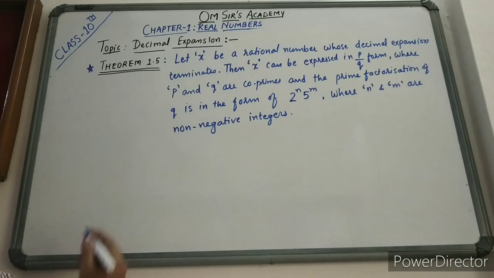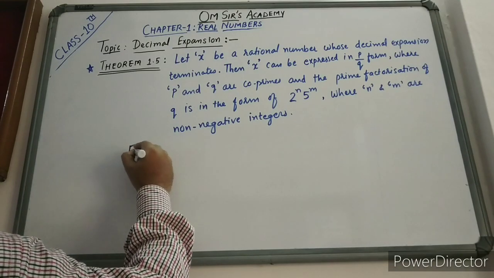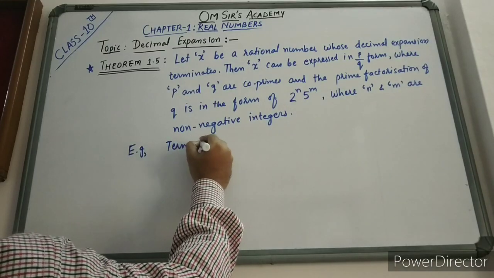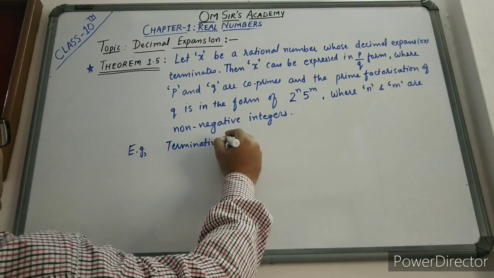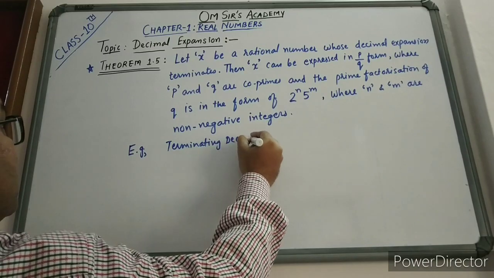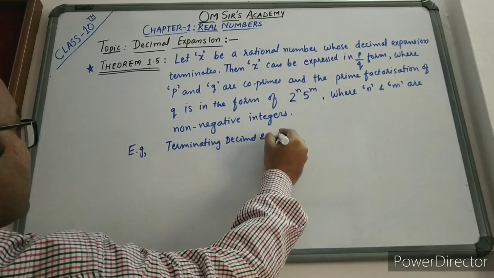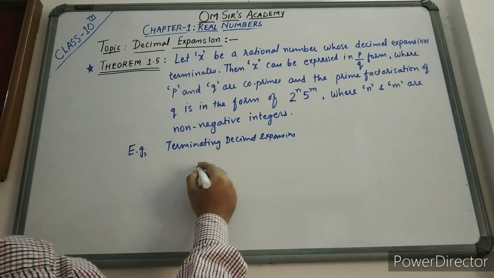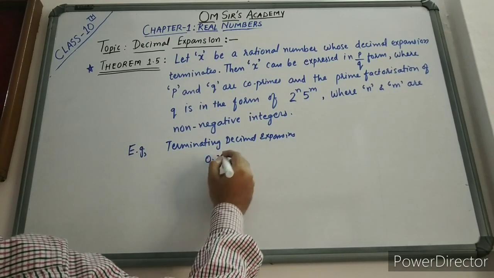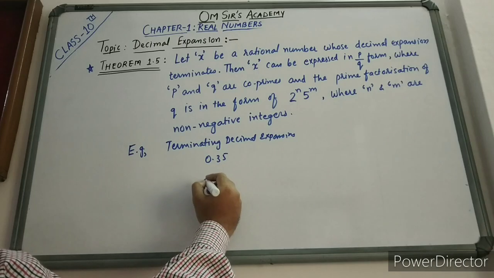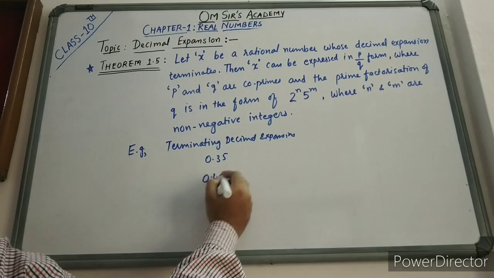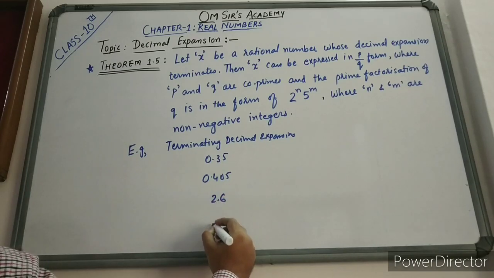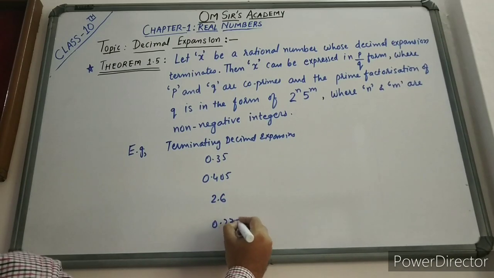Okay. So we can do this by examples also. Say I am giving some examples of terminating decimal expansions. These are all rational numbers. Say for example 0.35 is a terminating decimal expansion. 0.405 is also a terminating decimal expansion. 2.6 and 0.375.